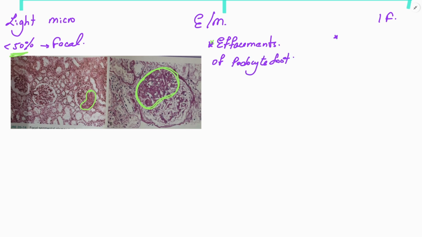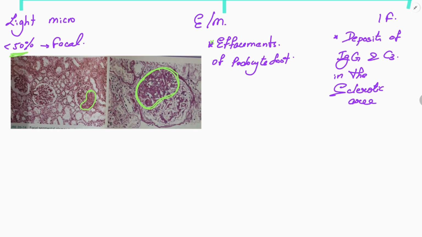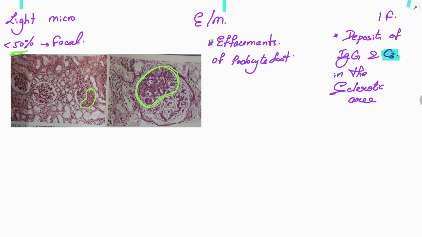In immunofluorescence, you can observe depositions of IgG and C3 in the sclerotic area. So these are the points you must remember here. Now let's move on to the third disease, that is membranous nephropathy.